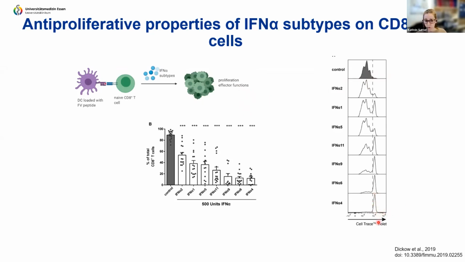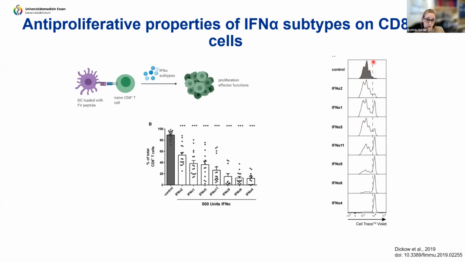You have one peak here, which is high in this dye. So the cells have not proliferated. However, when the cells have proliferated strongly, you see these different peaks, which are shown here. And the lower the concentration of the dye, the higher the proliferation rate. So, this is what we see here.